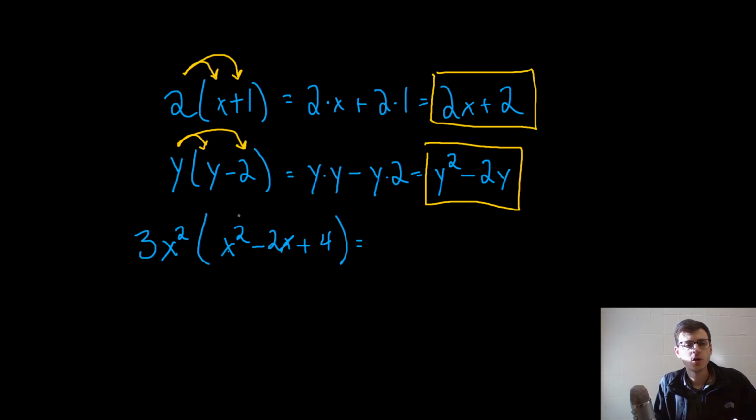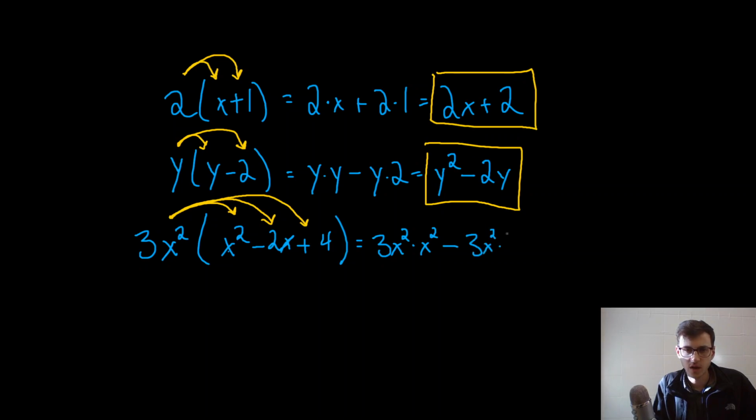Okay, what would we do here? Well, again, just because there's 3 terms, don't let that scare you. I would distribute my 3x squared to each one of those terms. So I would first have 3x squared times x squared minus 3x squared times 2x plus 3x squared times 4.